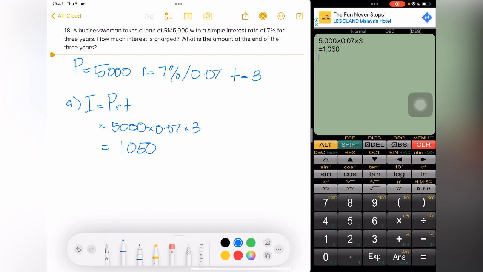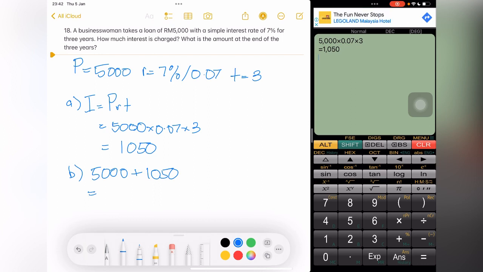So the second question is, what is the amount at the end of the 3 years? The principal is 5,000, and we add the interest charged for 3 years, which is 1,050.